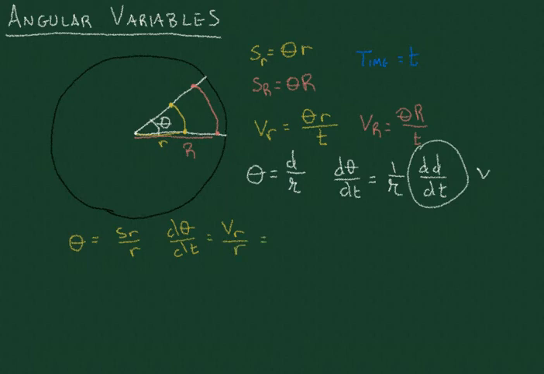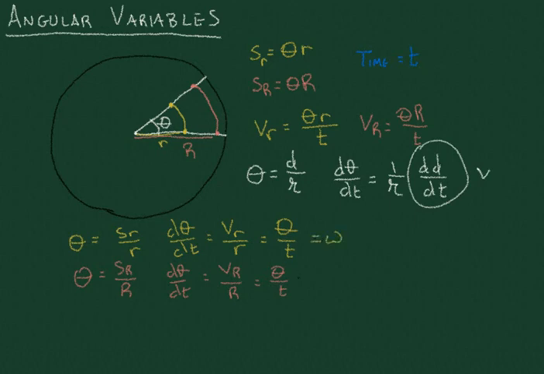Well, this is just equal to theta over t. Similarly, if we look at the further away point, we see that d theta dt is the velocity of big R over big R, which is also theta over t. So we see that it's the same in both cases.